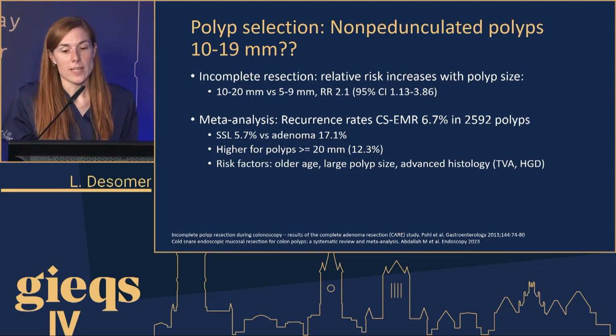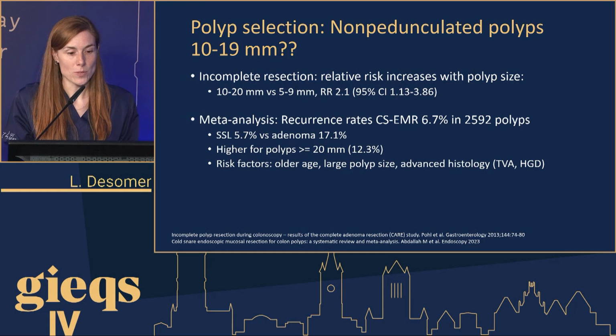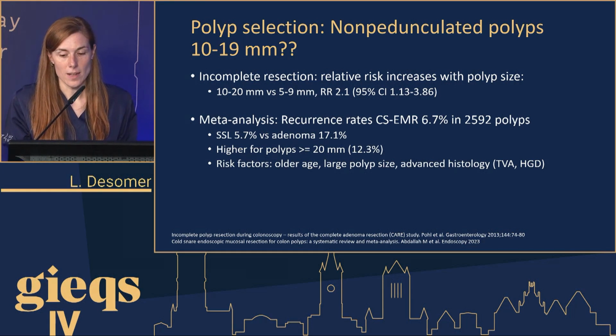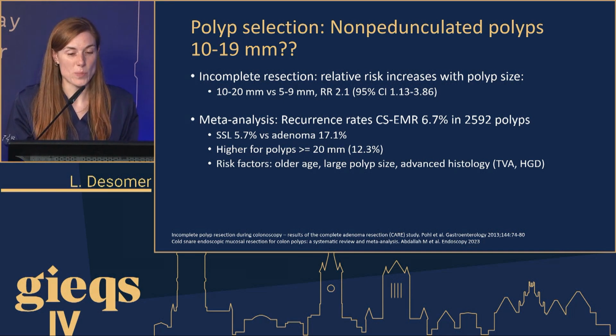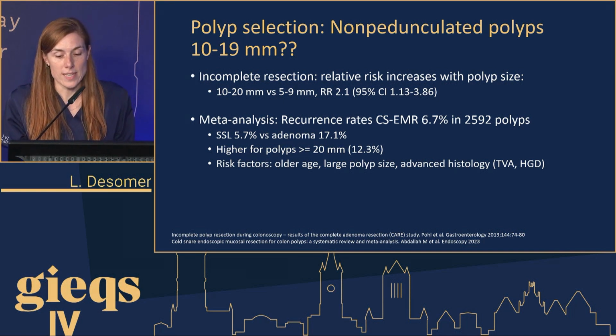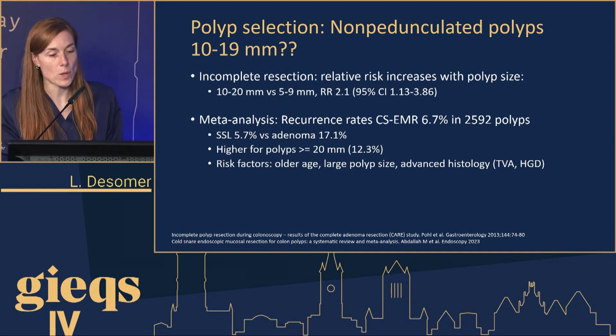So what about non-pedunculated adenomatous polyps? Lower, below 20 millimeters, but 10 to 19 millimeters. Well, again, to cite the CARE study, 10 to 20 millimeter polyps will have a relative risk of incomplete resection of 2.1. Now, a recent meta-analysis has shown recurrence rates for cold snare EMR of 6.7% in 2,590 polyps.